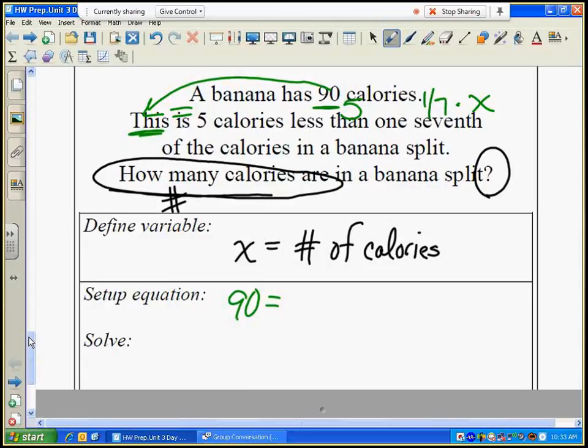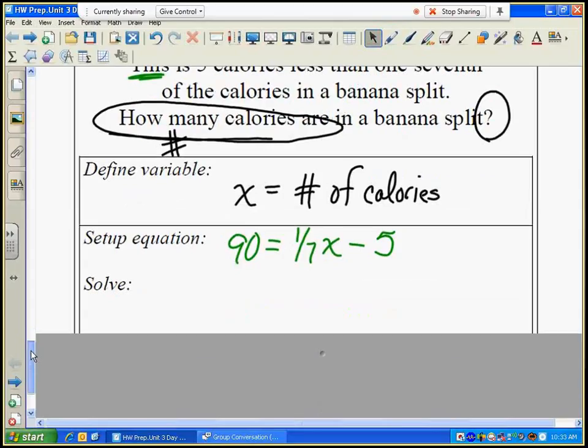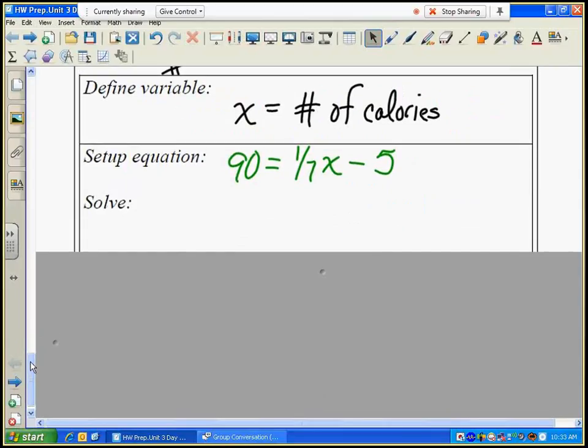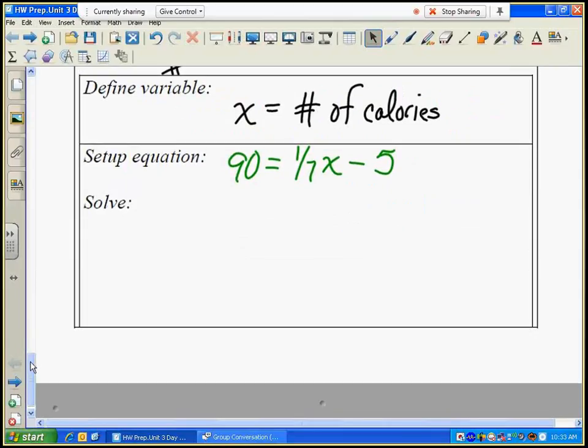Okay, so there's our something. 1/7 x. We want 5 less than that. And that should be 90. Okay. So if we solve this equation, what we're solving for is the number of calories in the entire banana split, which I'm guessing is probably not going to be a small number.